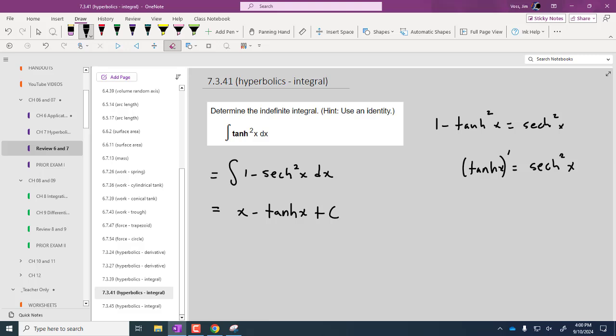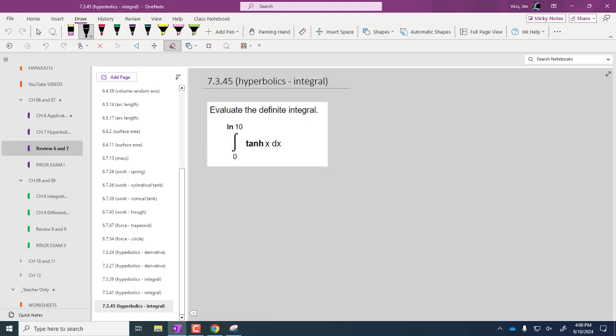Hyperbolic integral. To integrate tanh, just like to integrate tangent, the easiest thing to do is to turn it into sinh and coshes. So this is going to be sinh of x divided by cosh of x dx.